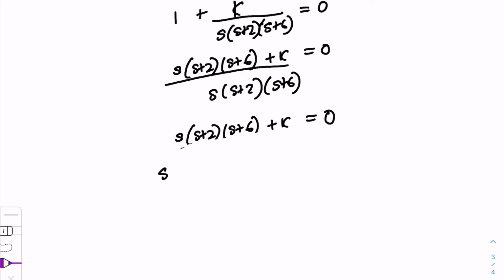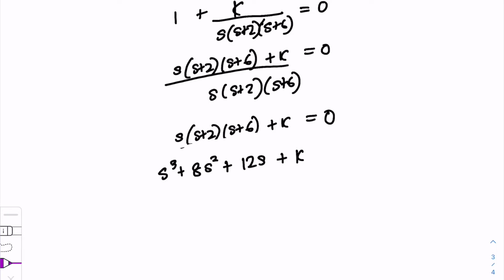If you remember when we did our previous class on the Routh-Hurwitz criterion, we need to plot the Routh array based on our characteristic equation. So I expand this equation first, and if I have common parameters for my coefficient, I'm going to collect them together. In this case, I don't have any common coefficient.